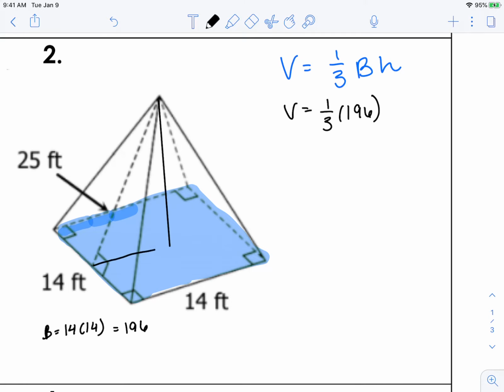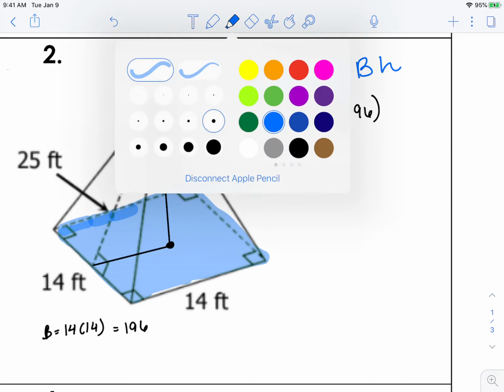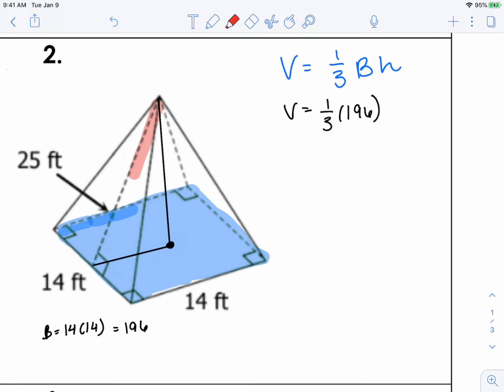Okay, and if I connect my slant height to my height, y'all should see a right triangle. And we should immediately be thinking to do Pythagorean theorem. Okay, well, this piece right here is half of 14, so that's 7. And then I'm going to call this h, our height. And then I'm going to use Pythagorean theorem. So that's going to be h squared plus 7 squared is equal to 25 squared.